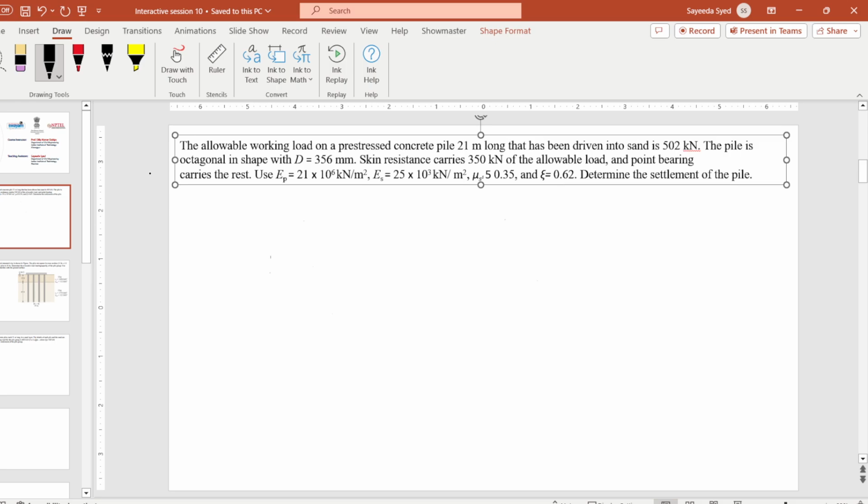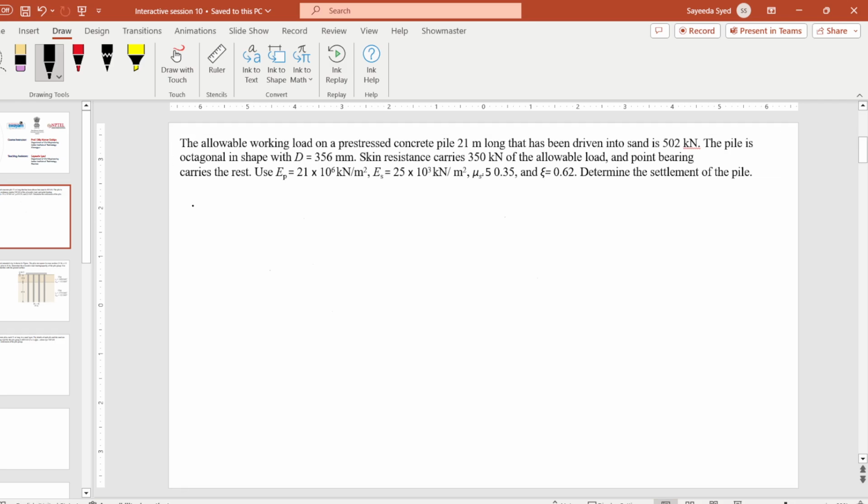You know that S1 is what I was talking about. So we know S equals S1 plus S2 plus S3.